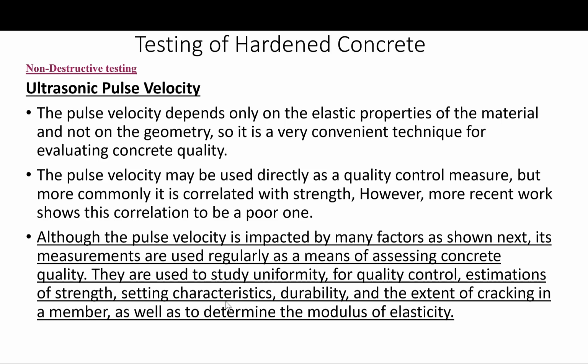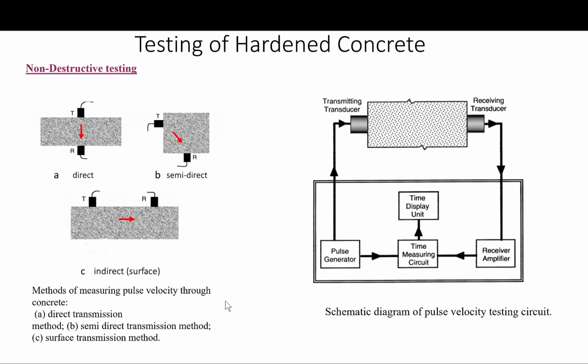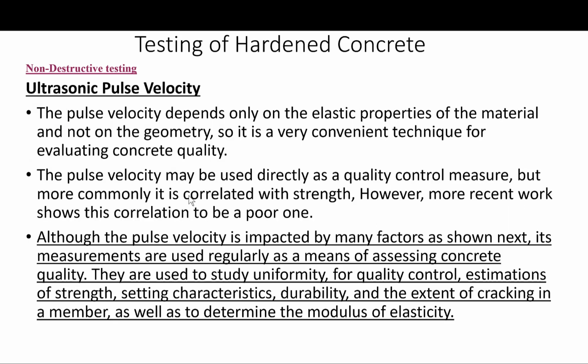So the pulse velocity may be used directly as a quality control measure, but more commonly it is correlated with strength. Pulse velocity can be measured in several configurations, as shown right here, although, as I said, the direct method is the one that gives the best results. The other two are available, and again, knowing how to interpret the results is key.